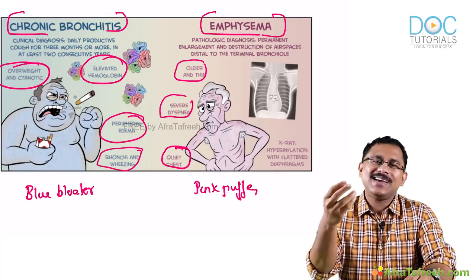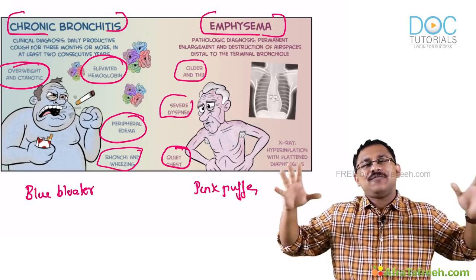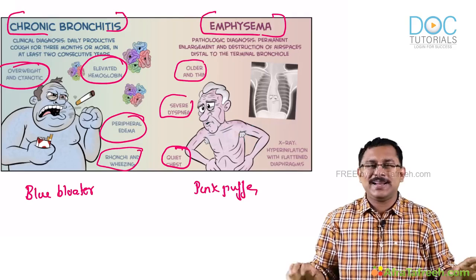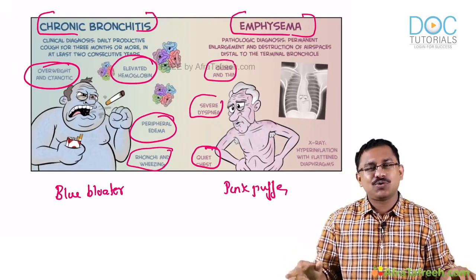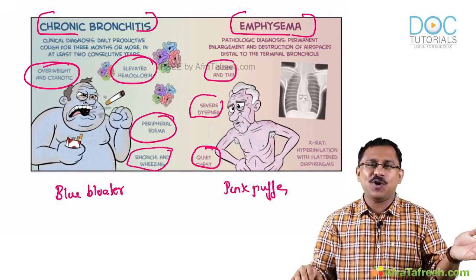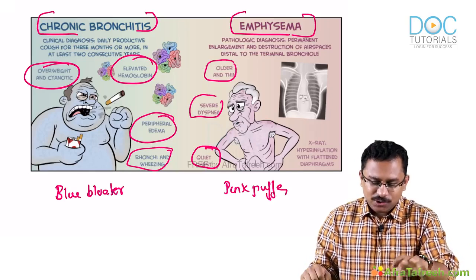So in emphysema, if there is too much air trapping, sometimes you may not be able to appreciate the breath sounds well. I thought this picture will help you get the difference between a blue bloater and a pink puffer in your mind. Clear?